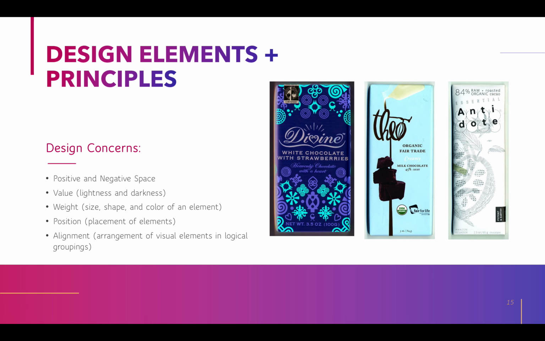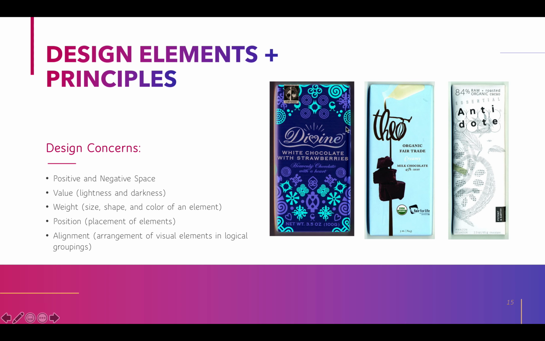Other of those elements and principles, positive and negative space, value, so the difference between light and dark areas of a package will help draw our eye and draw attention. Thinking about things like visual weight, the size of things, shape and color of an element. Position, the placement of elements, right? Placement and layout were things that we just talked about. Alignment, the arrangements of visual elements in logical groupings.